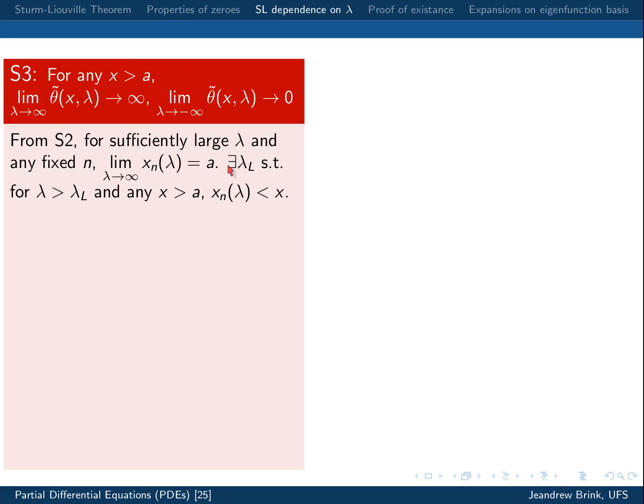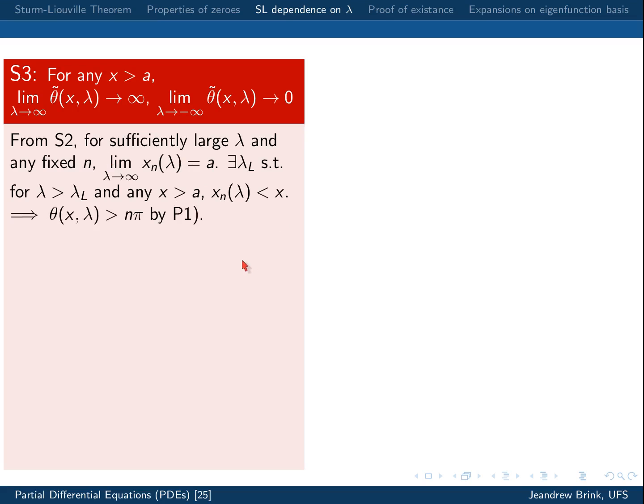Therefore there exists a large lambda such that for lambda greater than it, and any x greater than a, you can find a zero xn as a function of lambda that is less than x. So the statement is: choose an x and make lambda large enough so that, in some sense, in that sweeping fan of solutions to theta, the nth zero is less than x, and you can always do that from S2.